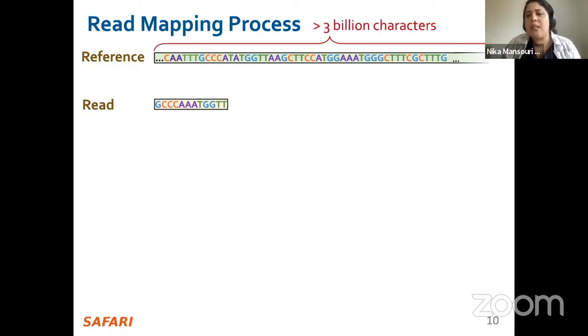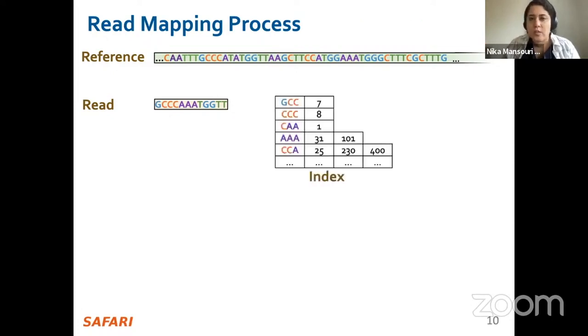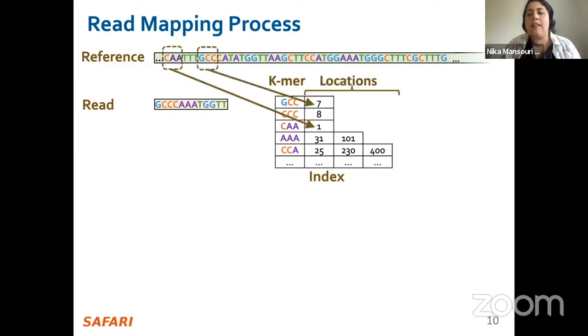Therefore, read mappers typically use an index of this reference genome to reduce the search space. This index contains unique K-length subsequences, which we call K-mers, that are extracted from the reference genome. This index also has the locations of these K-mers in the reference genome.